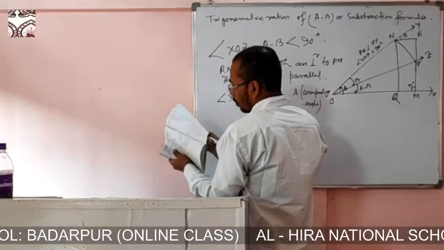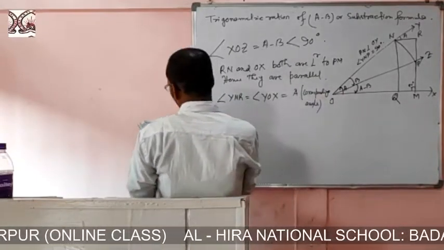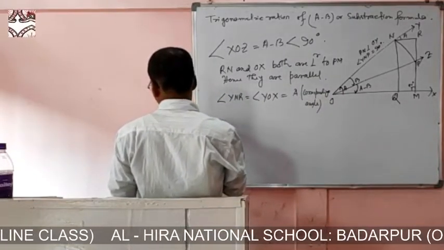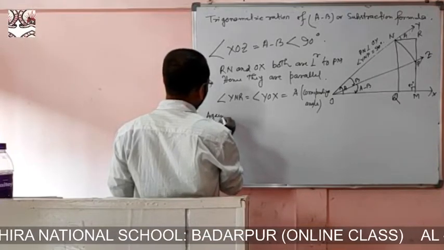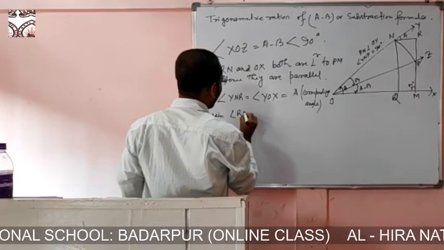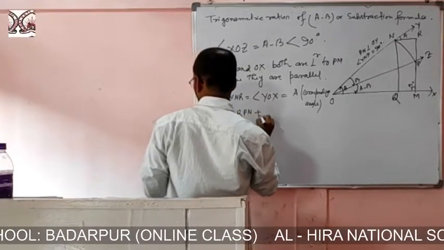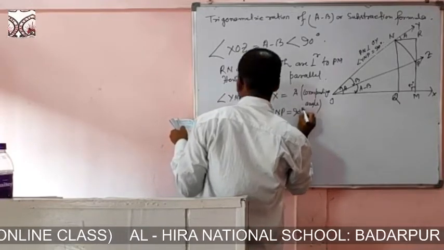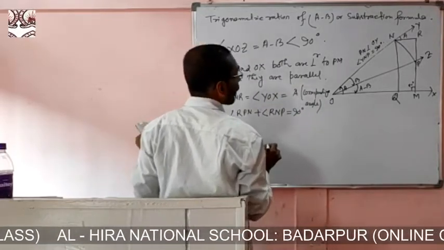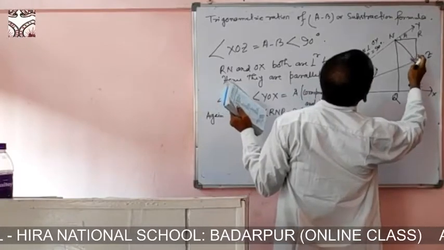Now you see again angle RPN plus angle RNP is equal to 90 degrees.